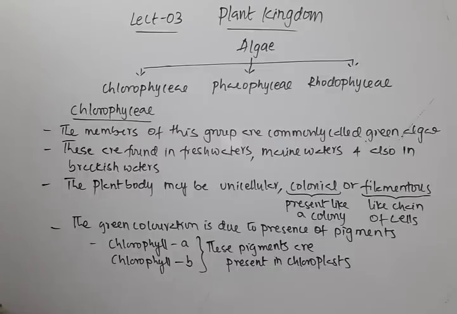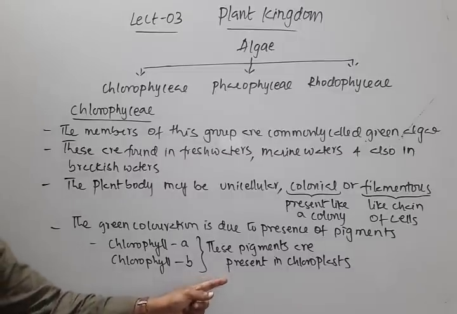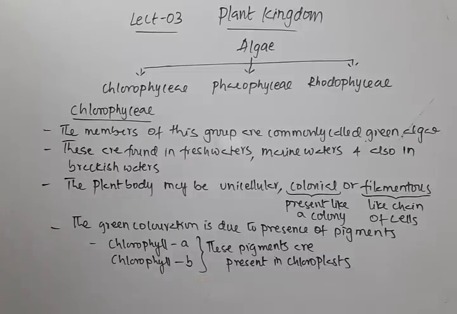Chlorophylls are the main pigments, and there are several other accessory pigments present that also help in photosynthesis. These pigments are located in chloroplasts.